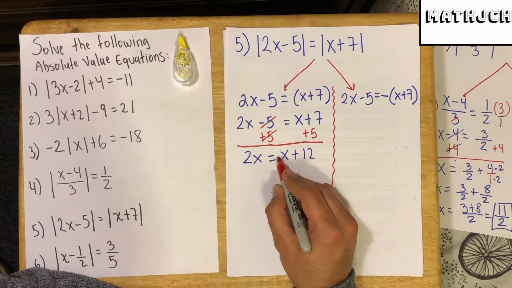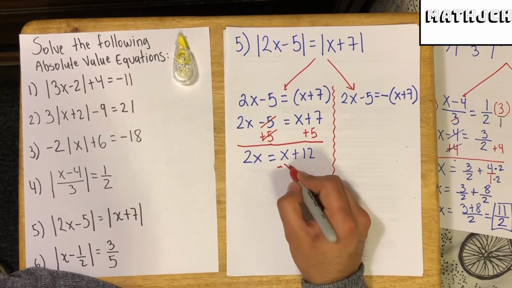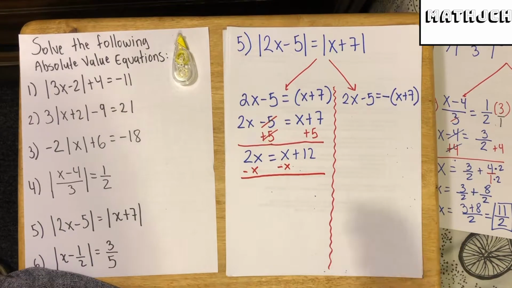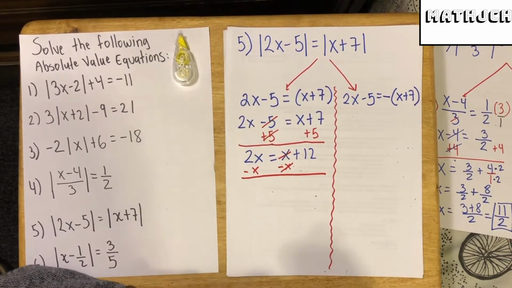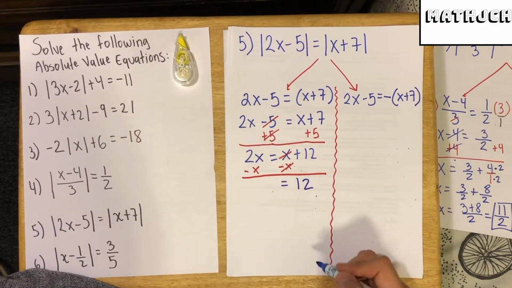Notice that there is nothing here in front of x, so that's automatically positive. So to move it to the other side is going to be the opposite, which is minus x. So this x minus x cancel. On the right side, I'm left with 12.